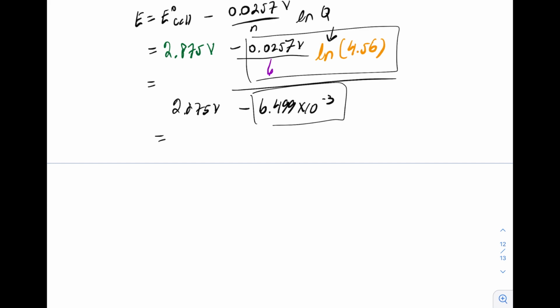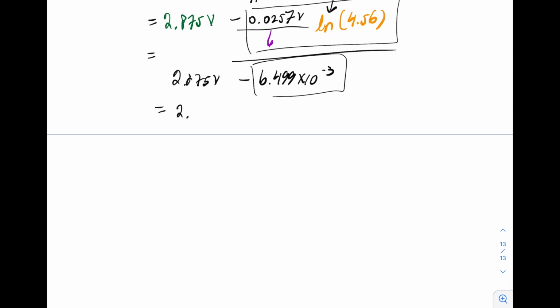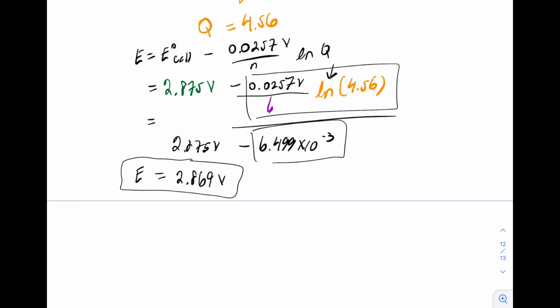All right, so we're going to subtract that from 2.875 volts. And I get 2.869 when I round that 8 up. So because of the non-standard concentrations of the chromium and nickel ions, the voltage is not 2.875, it's a little bit lower, 2.869 volts.